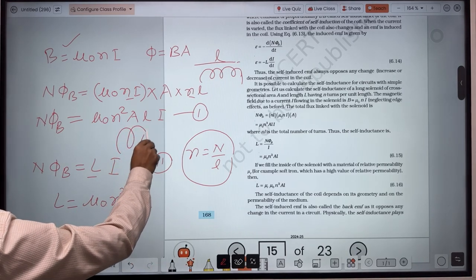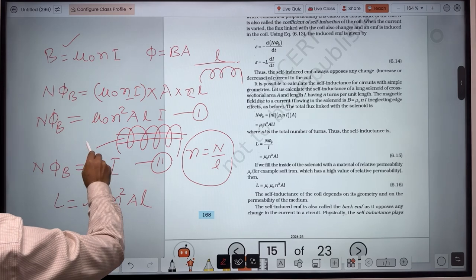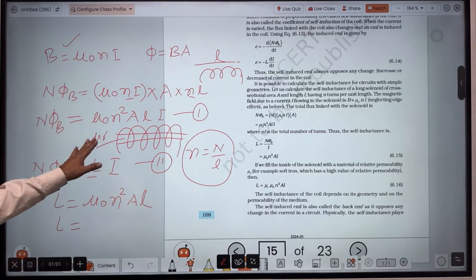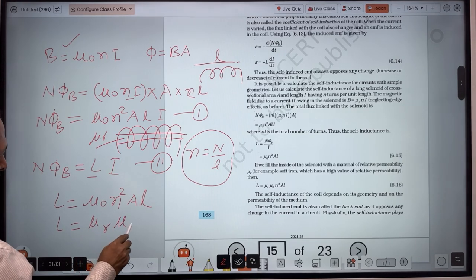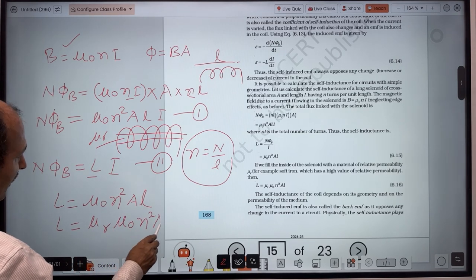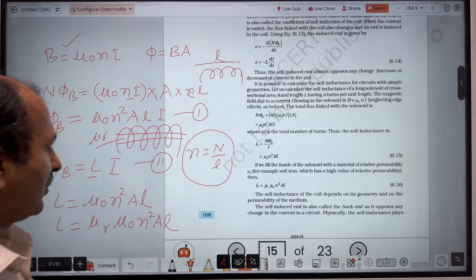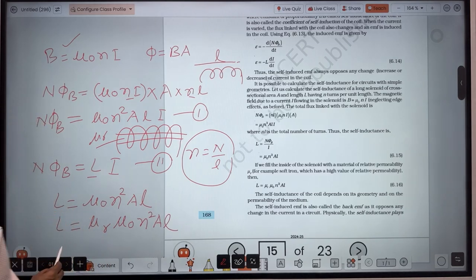And if inside the solenoid there is some material whose permeability is mu r, in that case L will be multiplied by this mu r. So our relation will be mu r mu 0 n square A l. This is an important expression that you have to understand and practice so that you can derive this result.